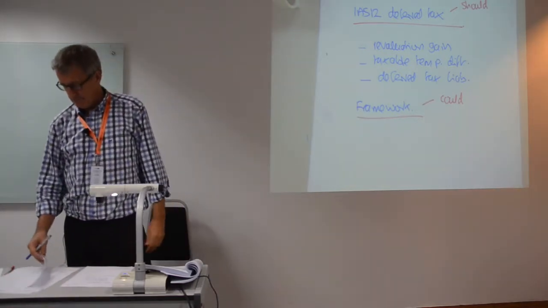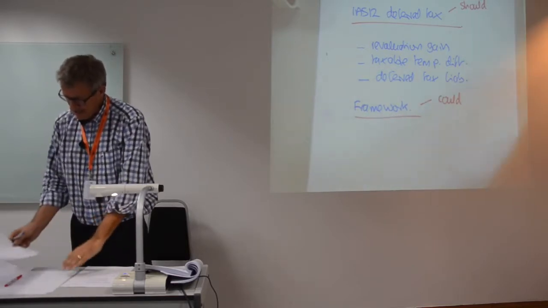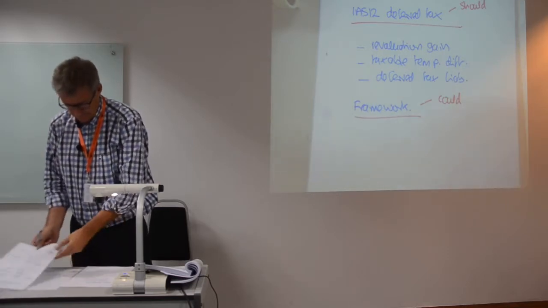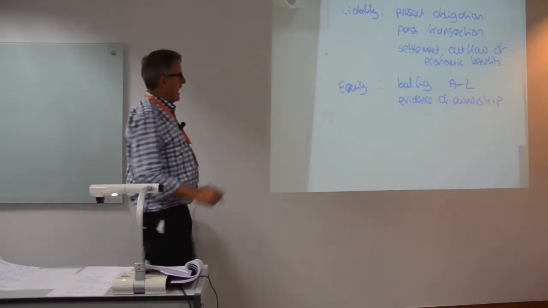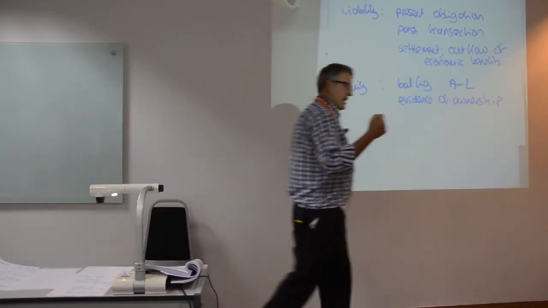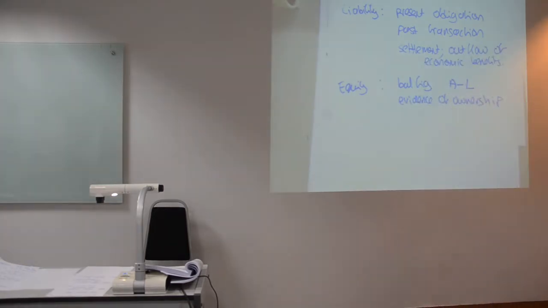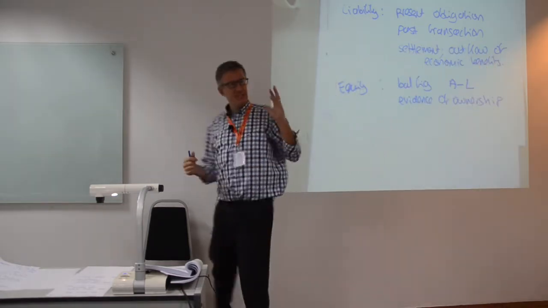Do I remember this or do I understand this? Let me try and see. I'm going to try and construct an argument which suggests that deferred tax is not a liability. I'm going to try and construct an argument which says IAS 12 is wrong. So, what is a liability?